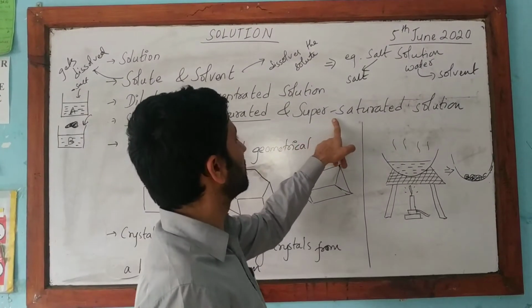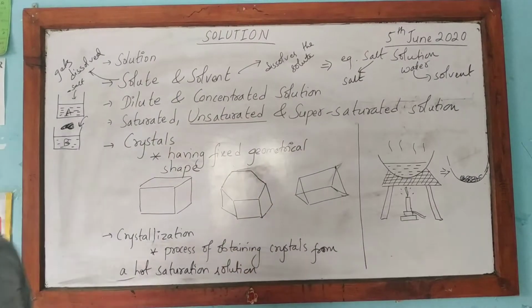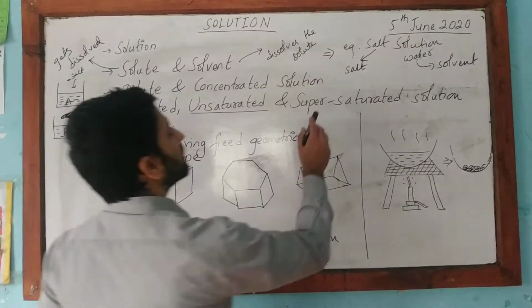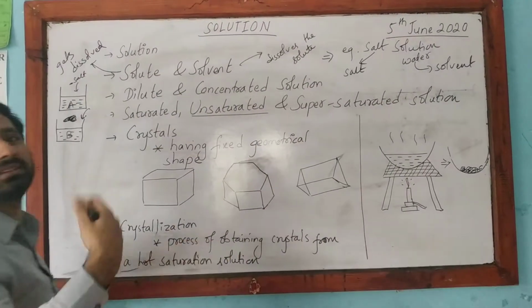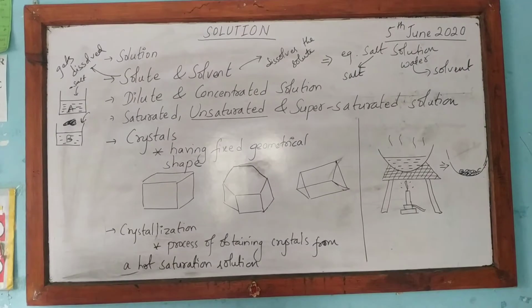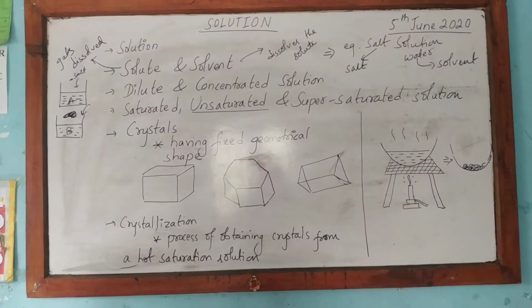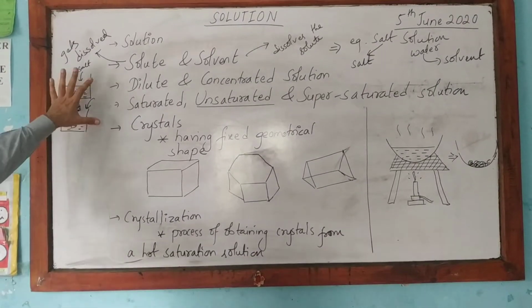That type of solution is called a supersaturated solution, and it contains an excess amount of solute, more than the saturated one. This was the revision of the previous topic that we discussed.